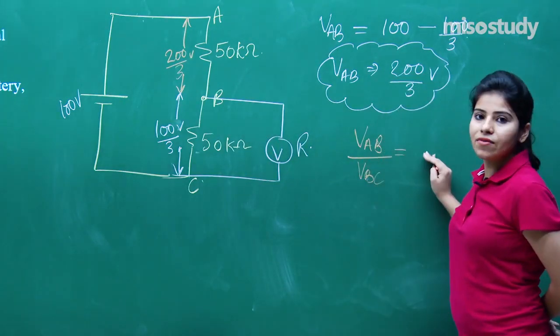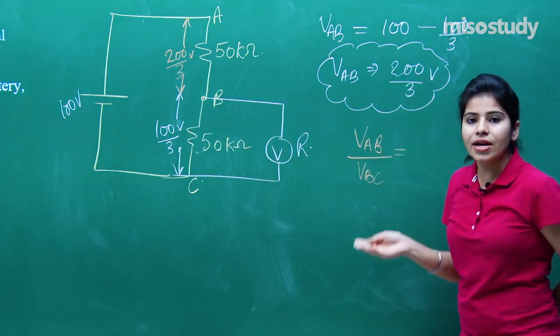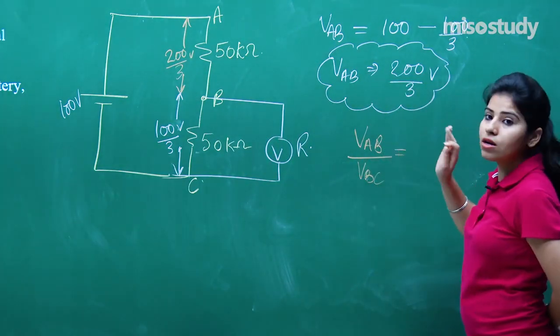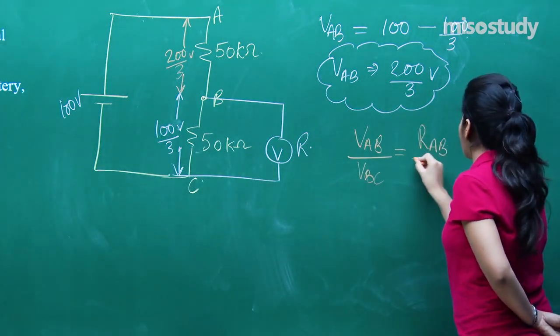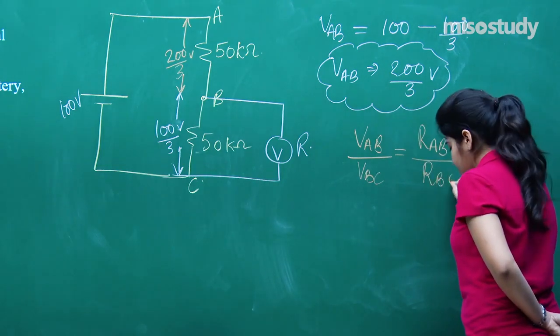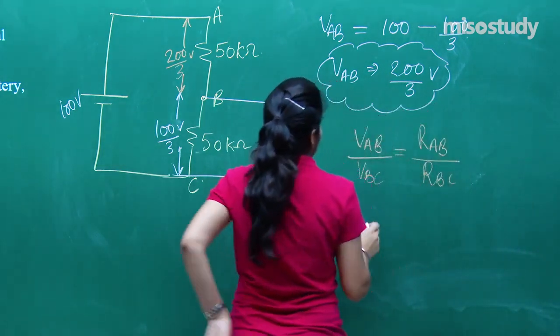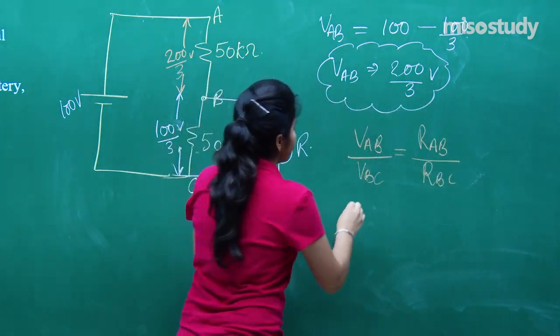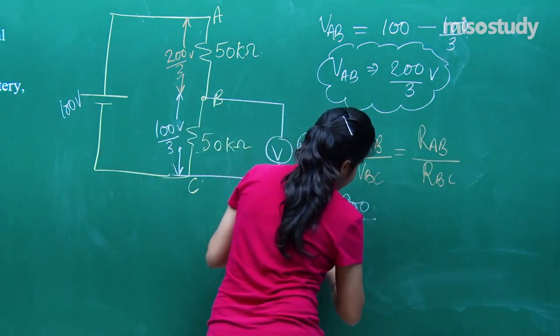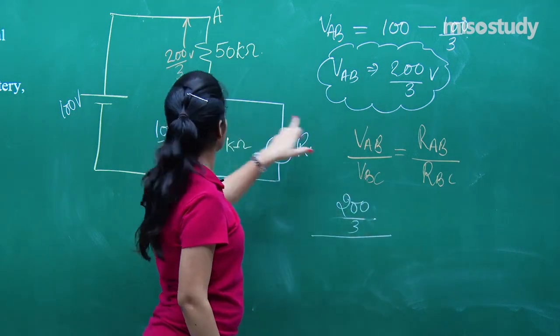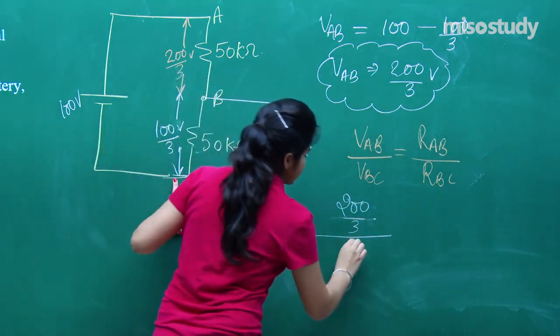So I and I will be cancelled, I will be having the resistors only. So RAB upon RBC. Now VAB is 200 by 3 divided by VBC, VBC is 100 by 3.